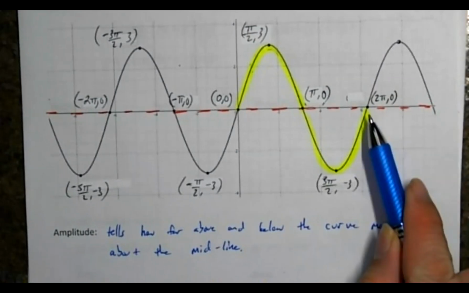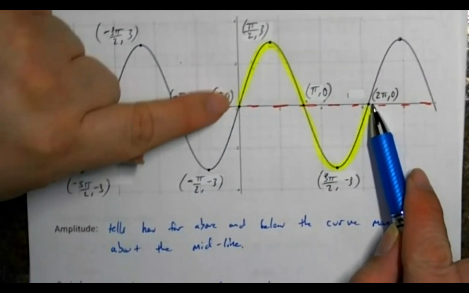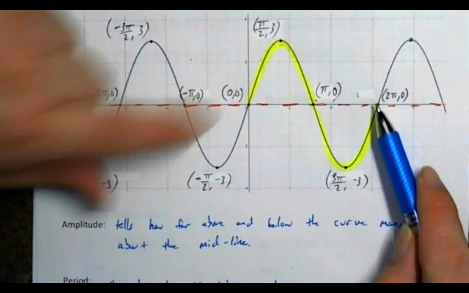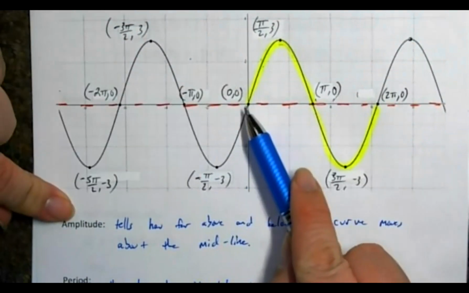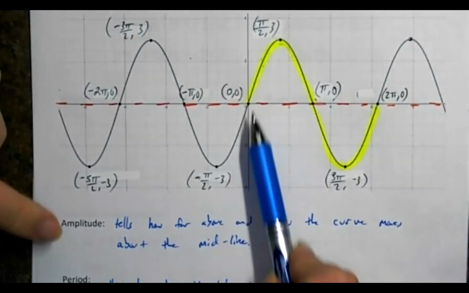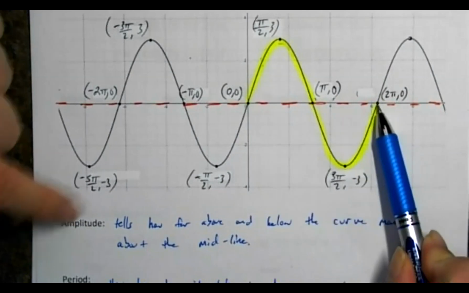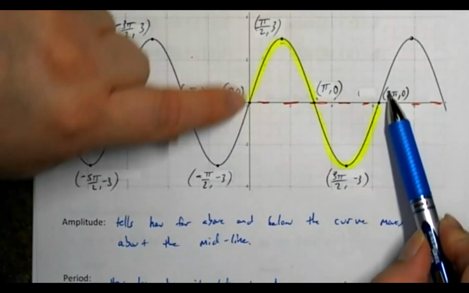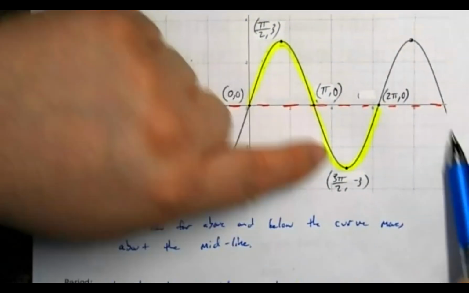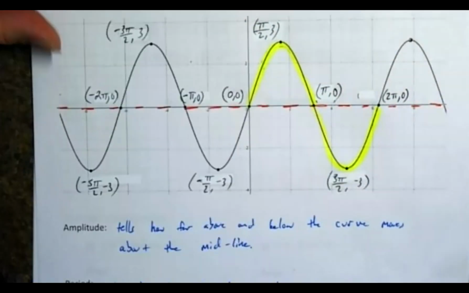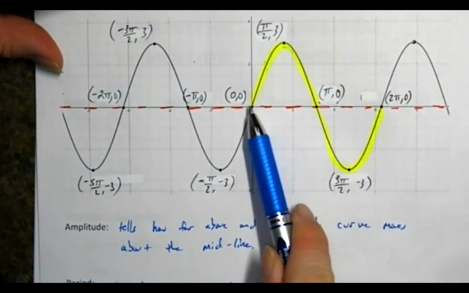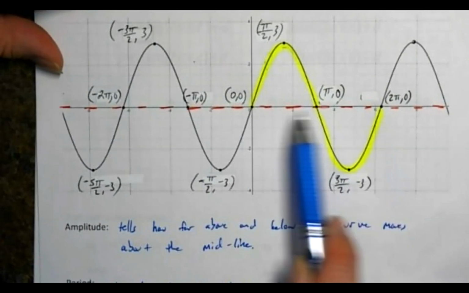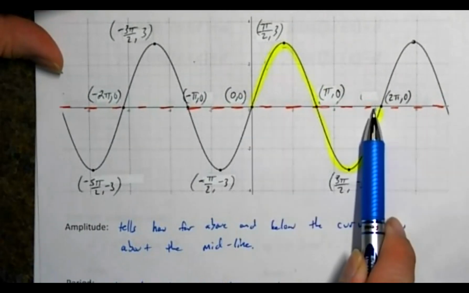Because now the curve starts to repeat. Once I hit 2 pi, now I'm at 0 and I go up to the maximum. So again, it's starting to repeat and the cycle is starting all over again. So the period is how long does it take for this to happen? How long does it take to do one complete cycle?